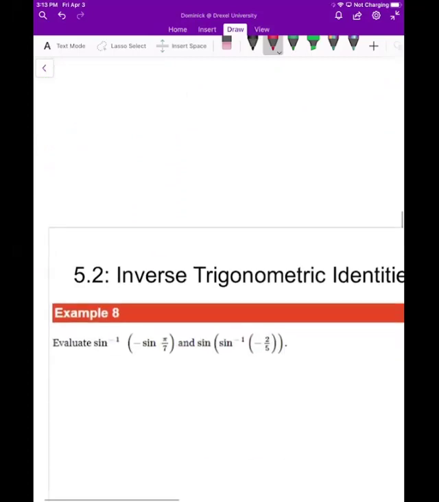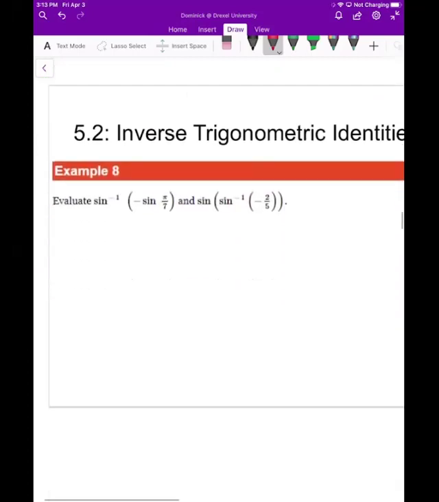All right. Now, as a next example, let's look at this one here. In the first one, we want to use the fact that the inverse sine of a negative angle is just the negative of the inverse sine of that positive value.